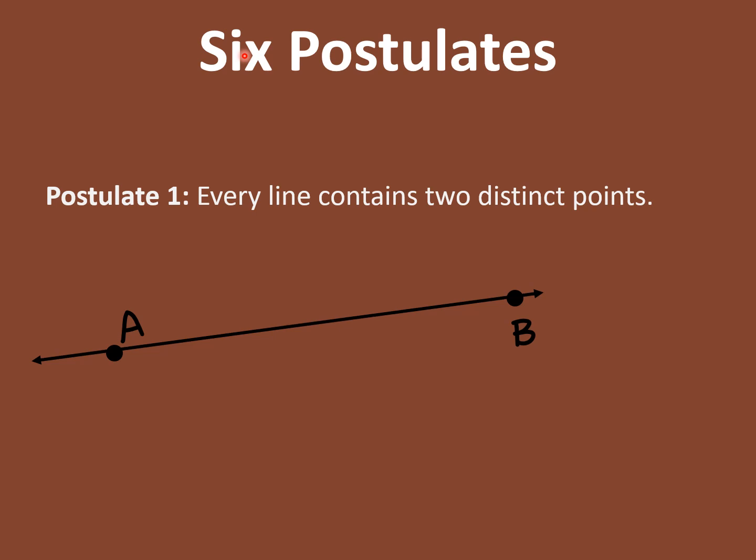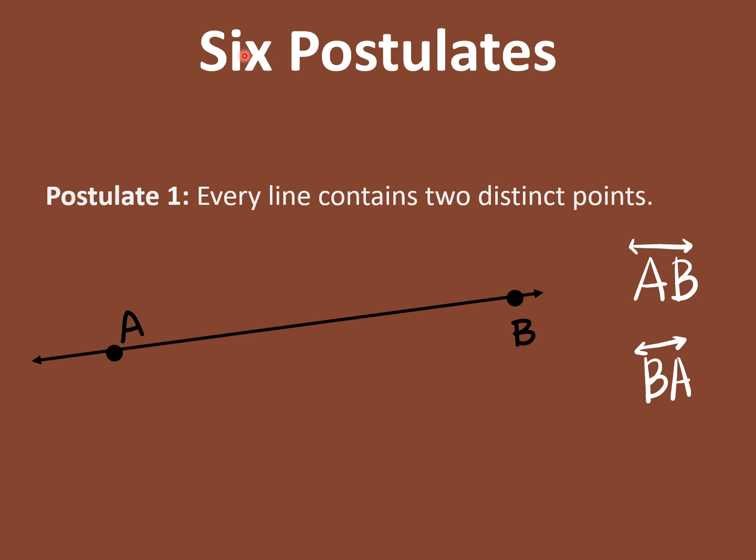You can use 2 points together with a double arrow over the letters. So we could do AB with the double-sided arrow over the top. It's important to note that the line AB is the exact same line as BA. When we're talking about lines that have arrows on both ends, the order of the points that you list does not matter. So the line AB is the same as the line BA.